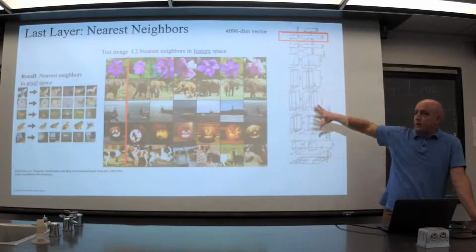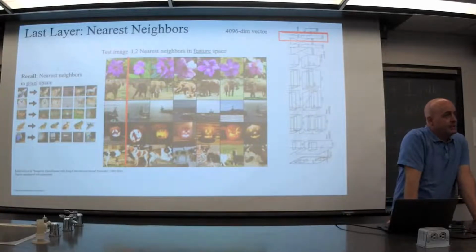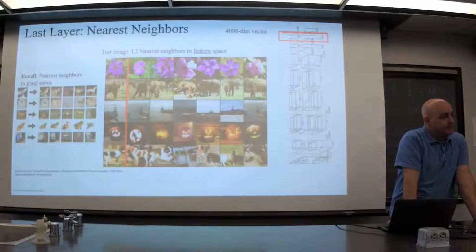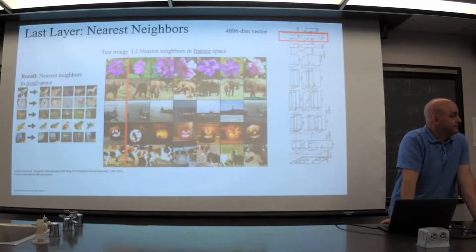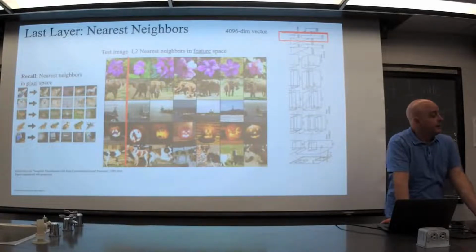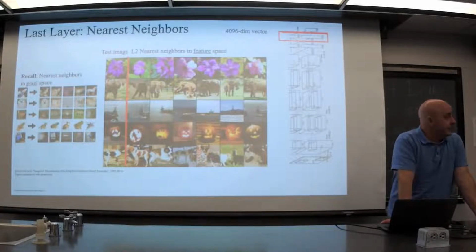Why does this happen? What's the reason why this happens? Where is that represented in your classifier network?